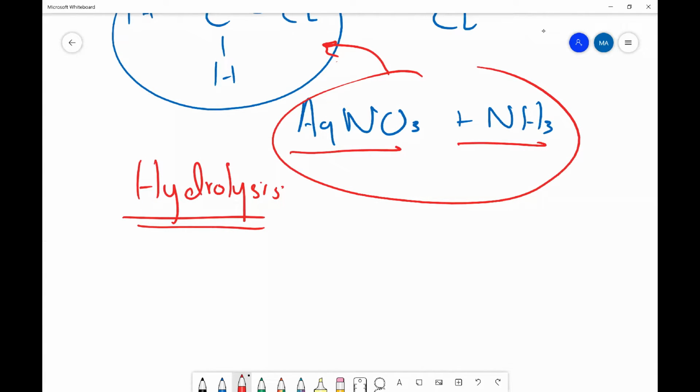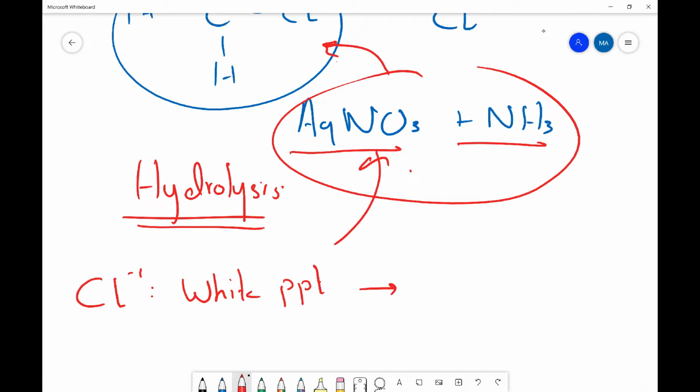If a Cl negative ion is present, it will give you a white precipitate with AgNO3. NH3 would cause this to dissolve, and it will dissolve in dilute NH3.